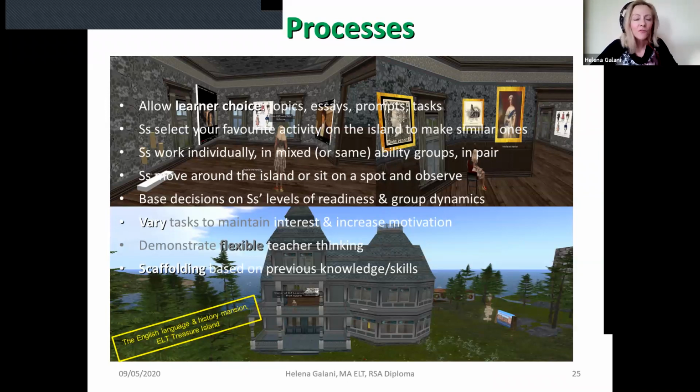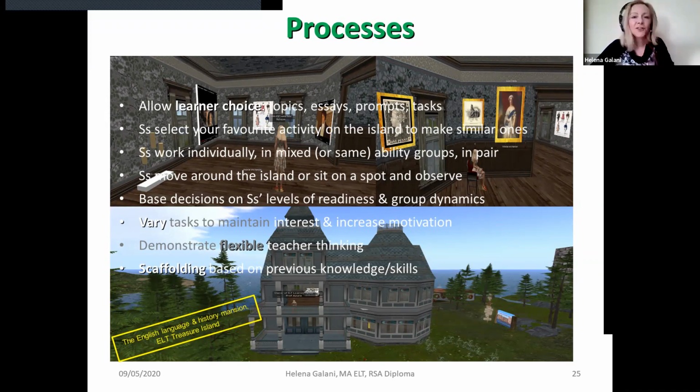They can move around the island to sit on the spot and observe if they're not very much into producing a lot of work, you know. They always receive some kind of stimuli and brainstorm and take initiative to produce their own work. We base decisions on students' levels of readiness and group dynamics.